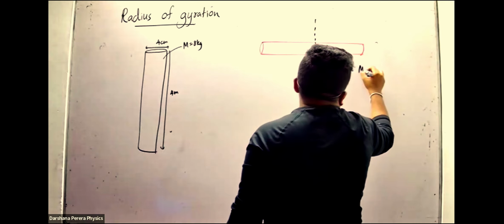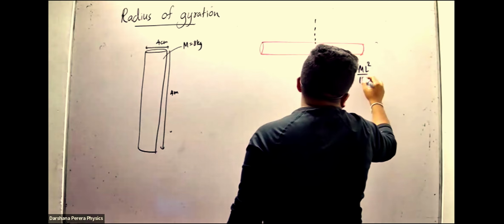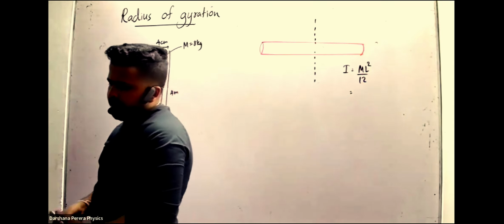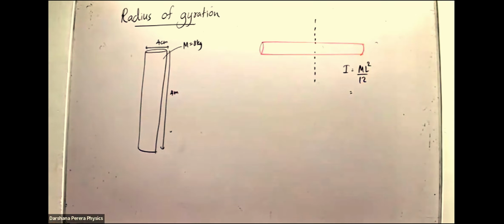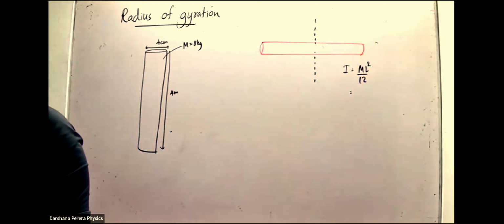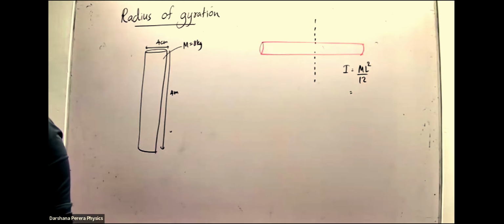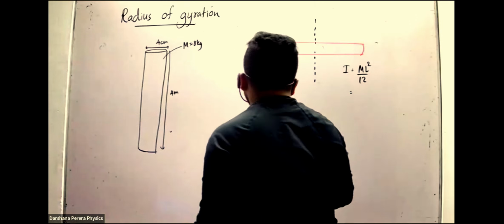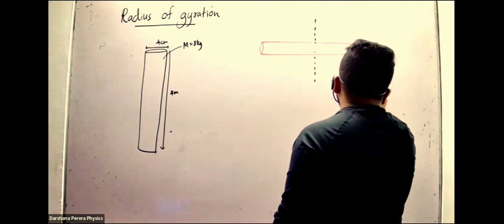I equals ml square over 12. Previously we discussed that thing also. What is m? M is 8 kilogram.